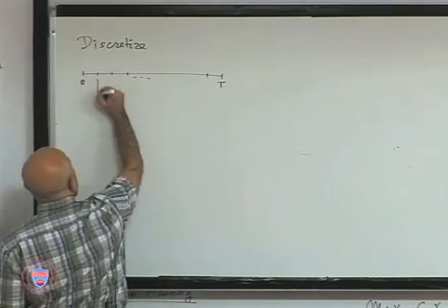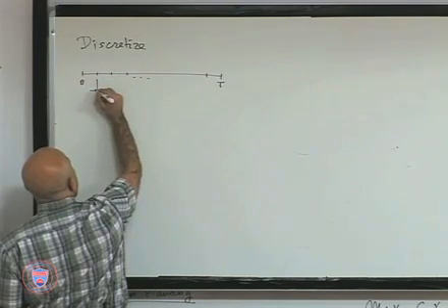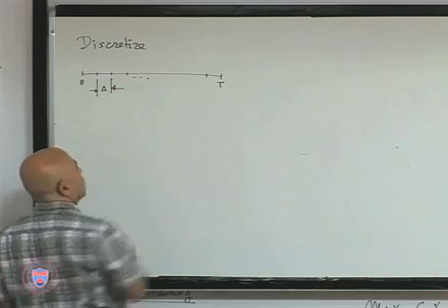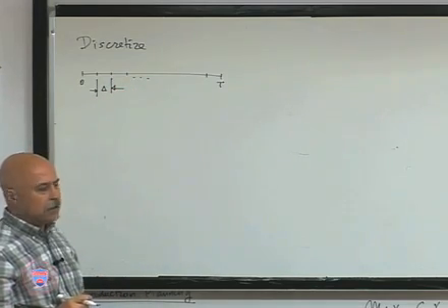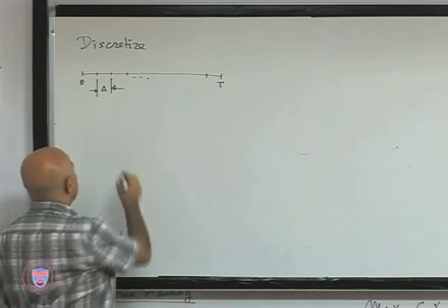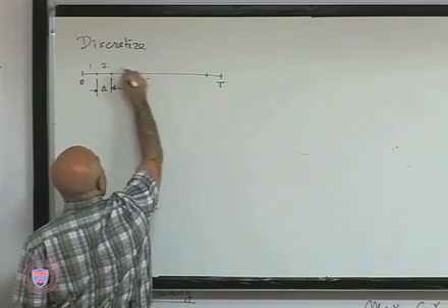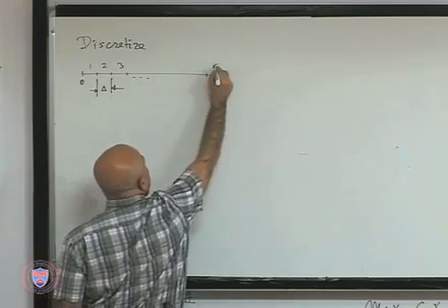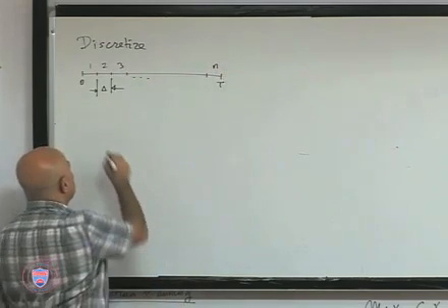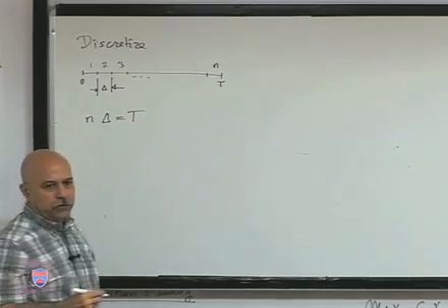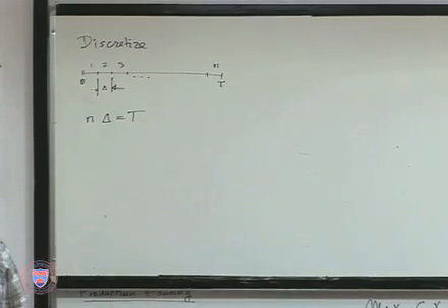Each one has a length of delta. So the length of one particular period is delta. So let's assume we have period 1, period 2, 3, and so on and so forth. Let's assume this is the nth period, with n times delta being equal to capital T. Okay?